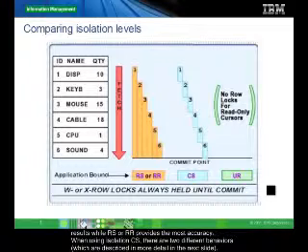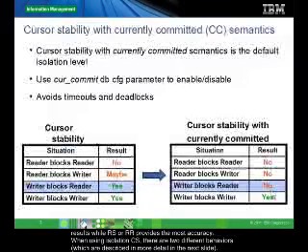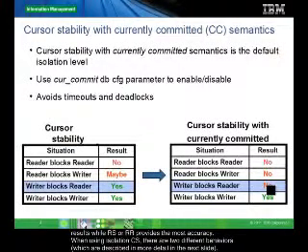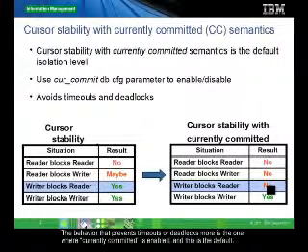When using isolation CS, there are two different behaviors which are described in more detail in the next slide. The behavior that prevents timeouts or deadlocks more is the one where currently committed is enabled, and this is the default.